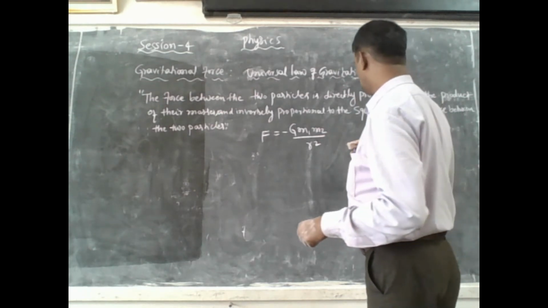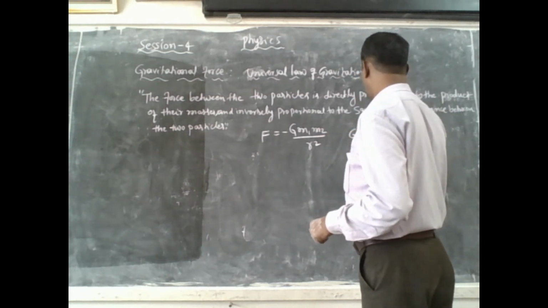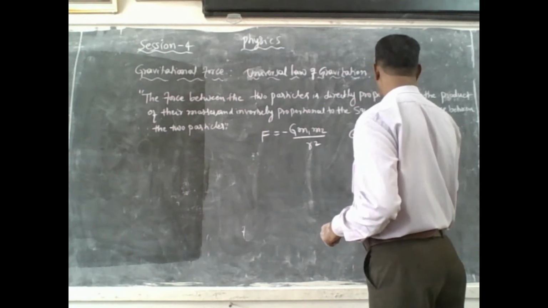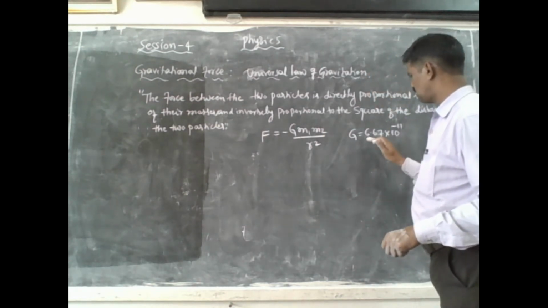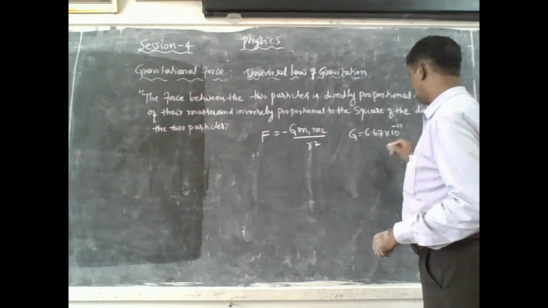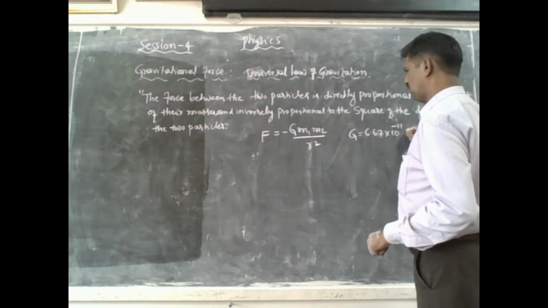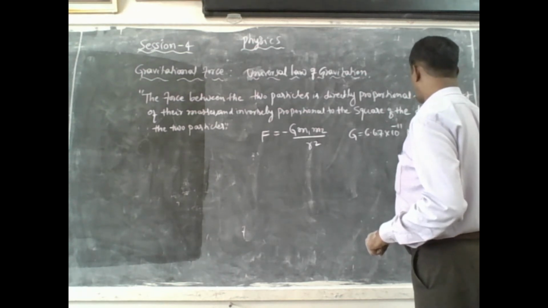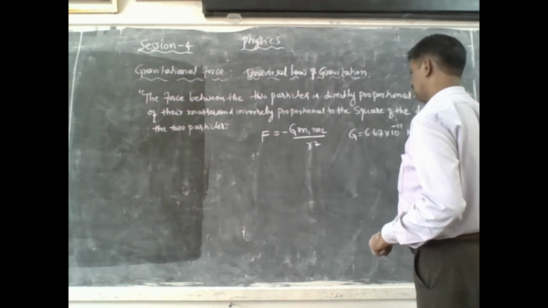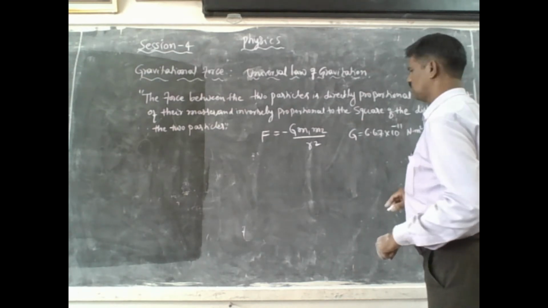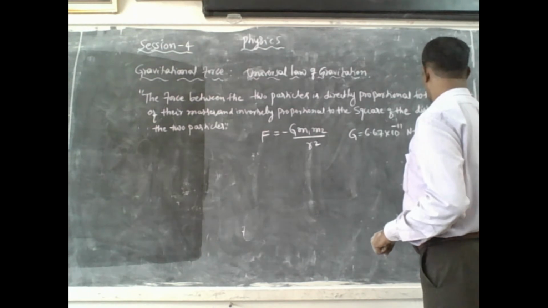Therefore G comes to be 6.67 into 10 power minus 11 Newton meter square per kg square.